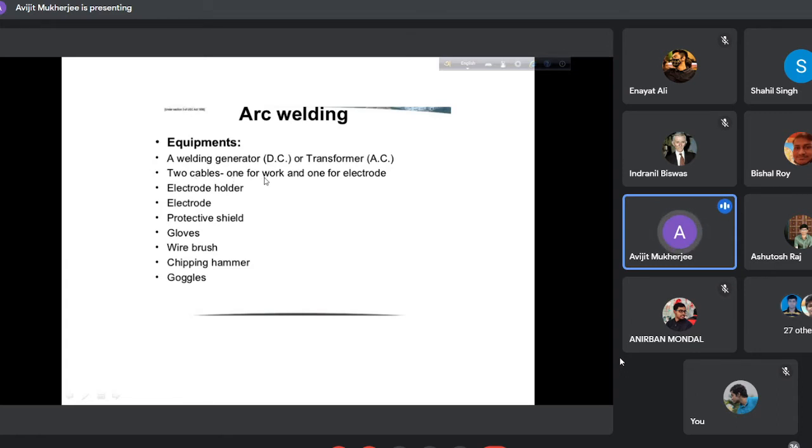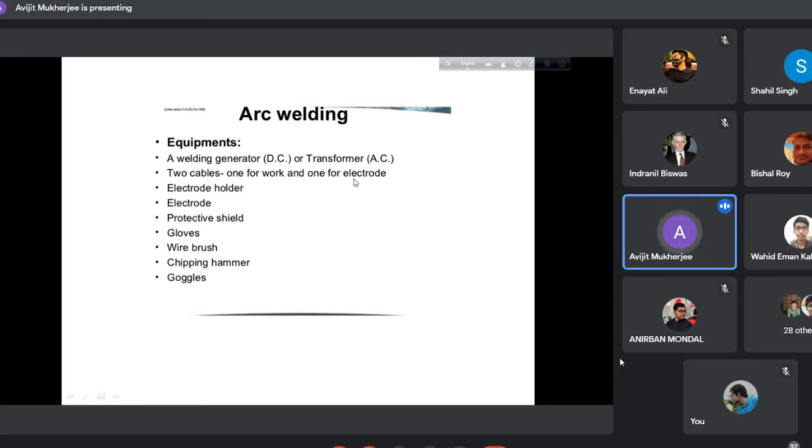One for the work material, or parent material, which will have to be joined, and one for the electrode. Here the concept of electrode is different from the positive or negative terminal as used in electrical energy.